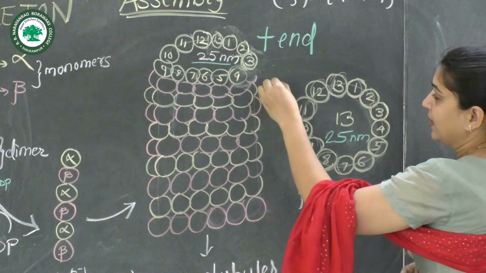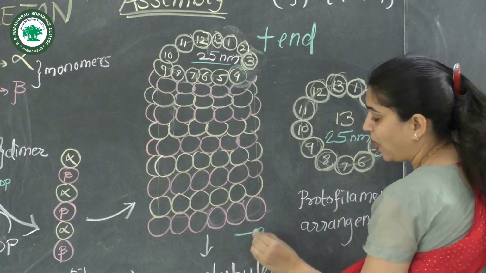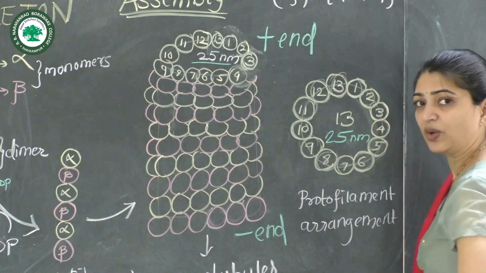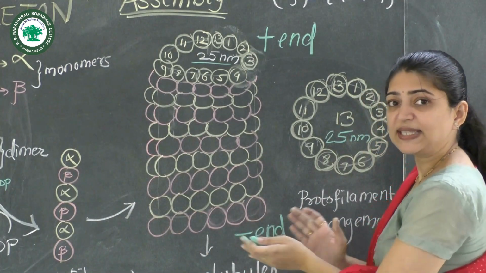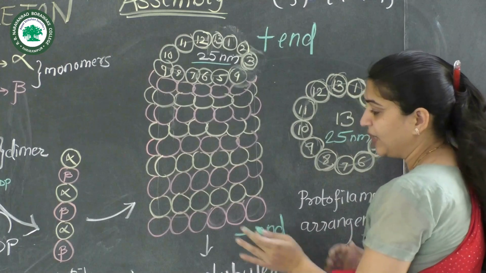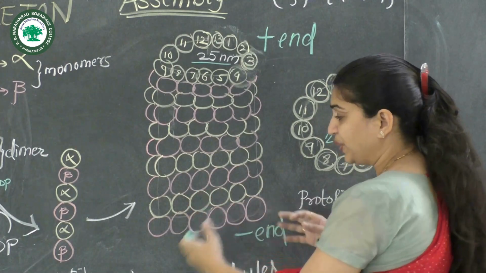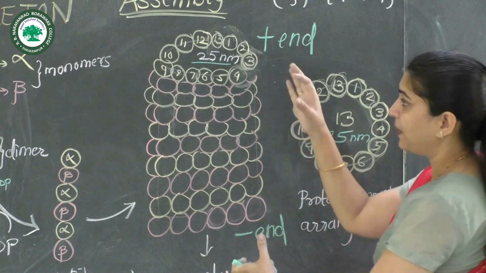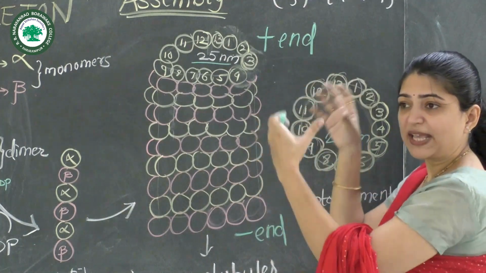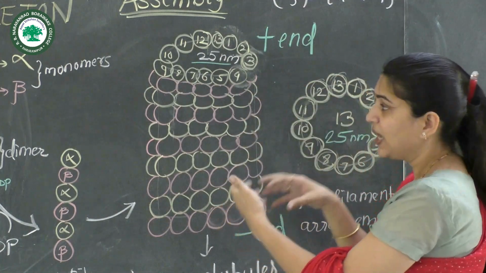While the other end is called the minus end. Why? Because disassembly takes place at this end, where the polymer units are separated into monomers. So at the plus end there is polymerization, there is addition of tubulins.